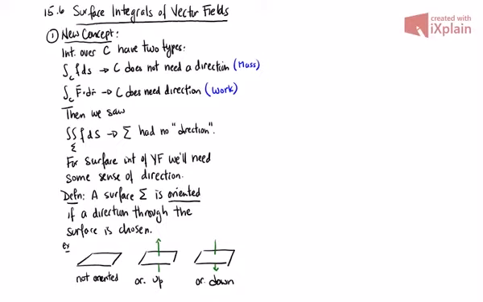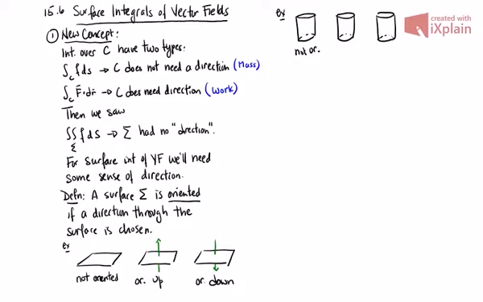Here's another example. If I had a cylinder, a hollow cylinder, this is not oriented. Now I can take that same cylinder. Again, I need to choose a direction through the surface. Imagine you're on the inside of the cylinder and you want to go to the outside, or you're on the outside and you want to go to the inside.